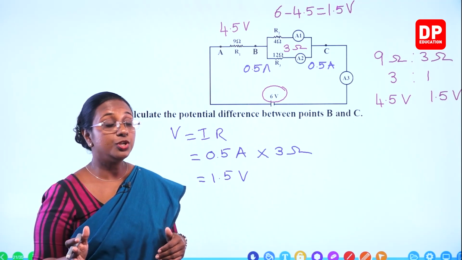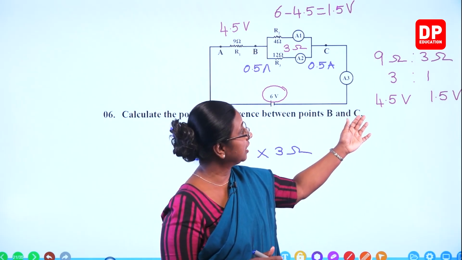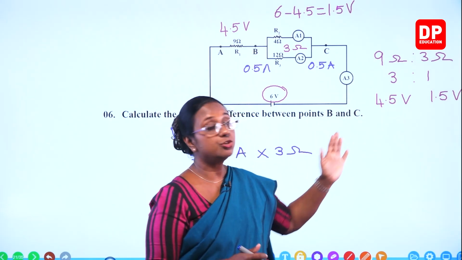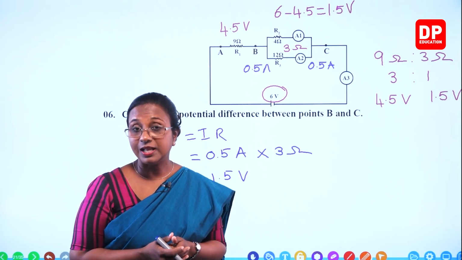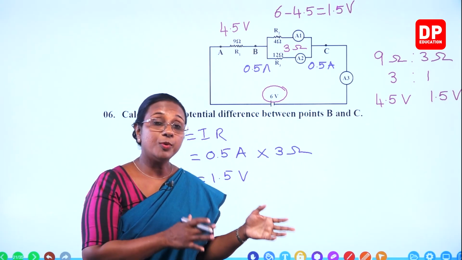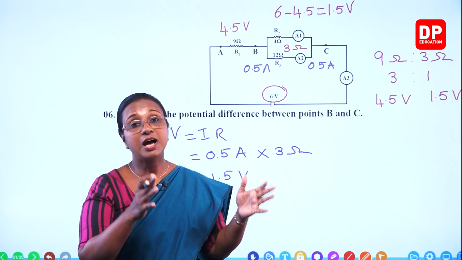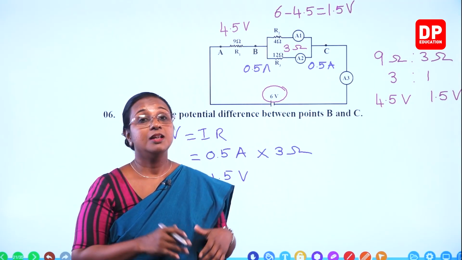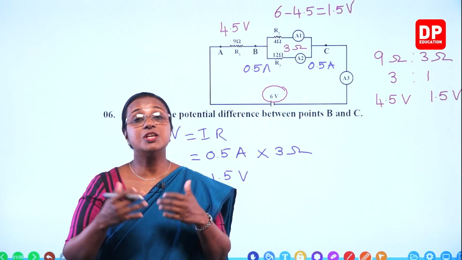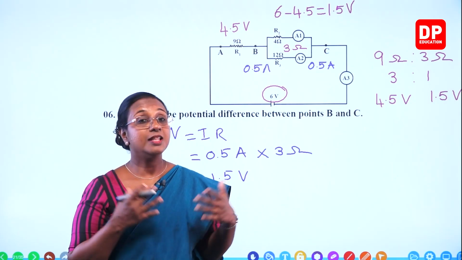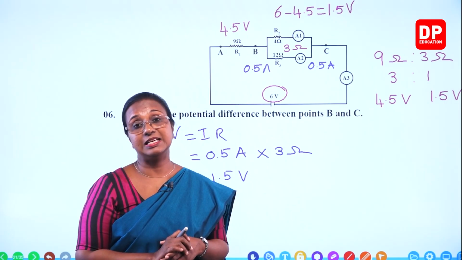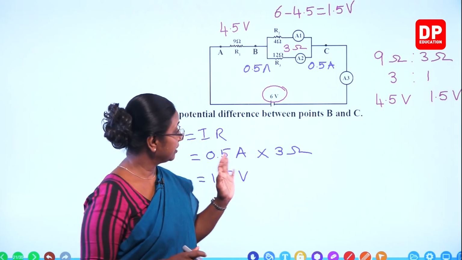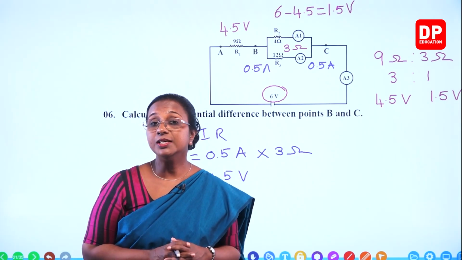But like I told you before, if you are doing an MCQ, you can look at the ratio between the resistors and accordingly calculate the potential difference. More potential difference across higher resistor, less potential difference across lower resistance. That is what you have to remember. Is that clear, students? With that, we'll move on to the next slide.